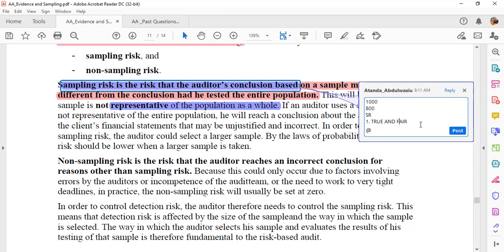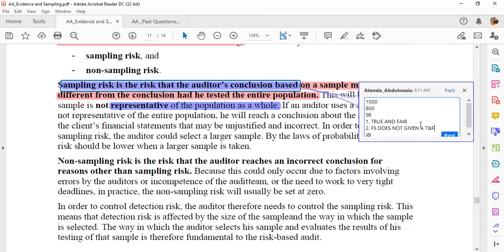And the auditor can also conclude that the financial statement does not give a true and fair view, mind you, when the financial statement gives a true and fair view. So sampling risk is going to lead to two wrong conclusions that the auditor is going to give.